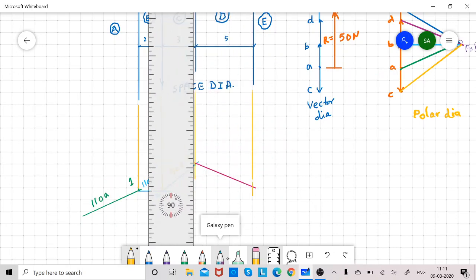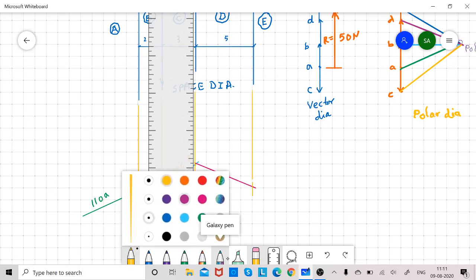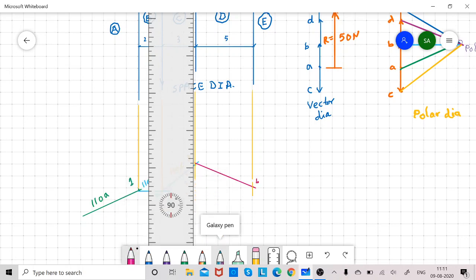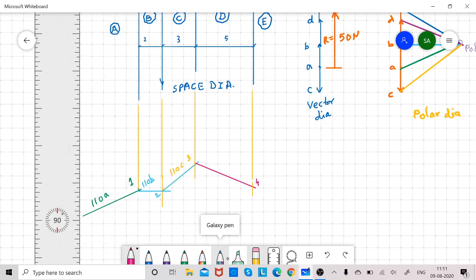This is point number 4. This line is parallel to OD.